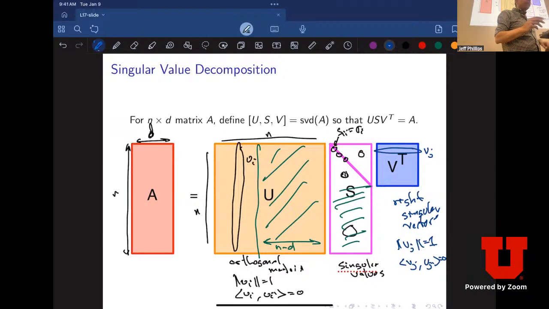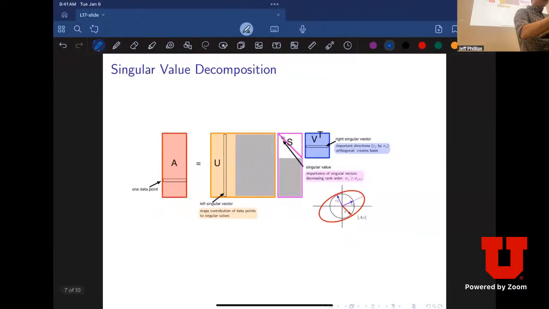In fact, taking a data point in R^d and computing V transpose x is also going to be in R^d, but it's written as a vector in another coordinate system. The coordinate system will be the length along each of these unit vectors, v_1 through v_d. Here's another picture of this.